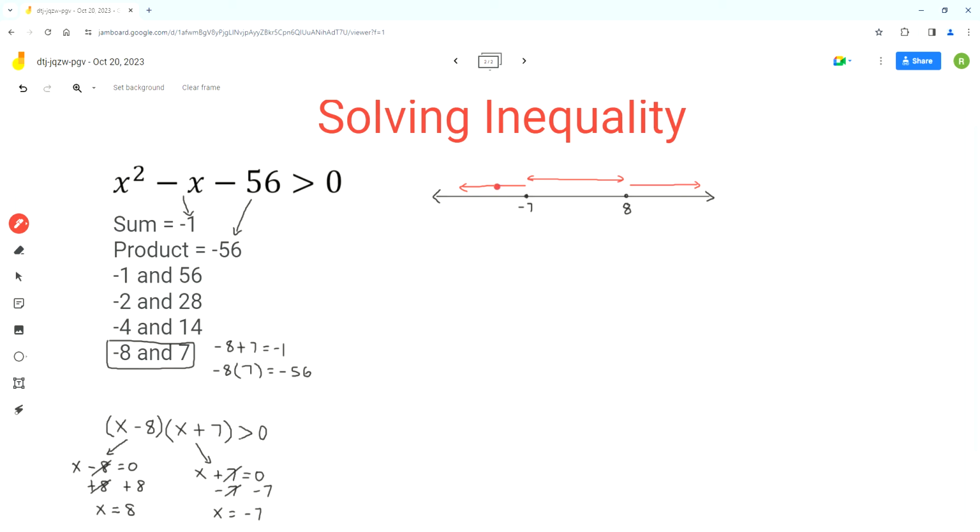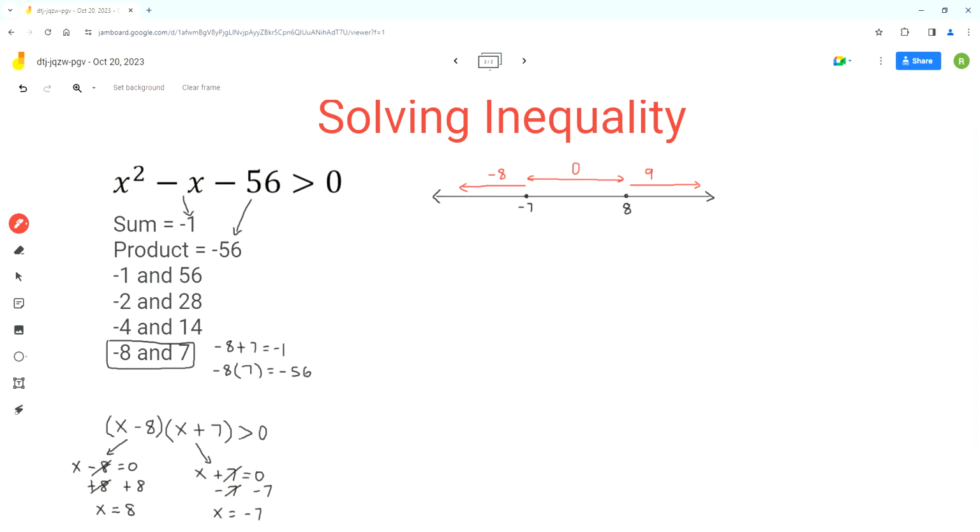For the part on the left side, we can use the test value -8. Between -7 and 8, we can use 0, which is an easy number to use. And to the right side of 8, we can use 9. We can sub in these test values one by one in this given inequality and see which of these test values satisfy this inequality. So let's start with the left side.